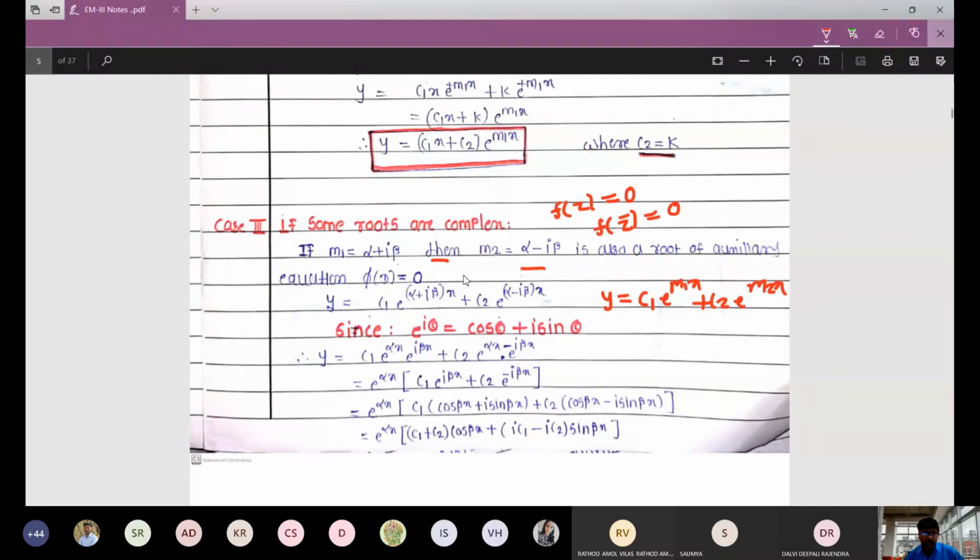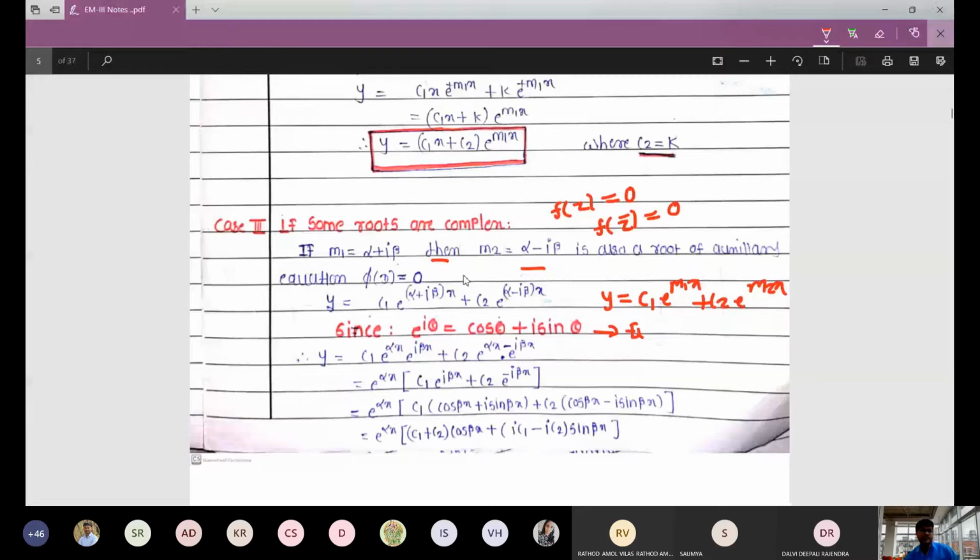In the same way I write the solution: y is equal to c1 e to the power alpha plus i beta times x, plus c2 e to the power alpha minus i beta times x. Now we know this identity, e to the power i theta is equal to cos theta plus i sin theta. This is nothing but Euler's identity.